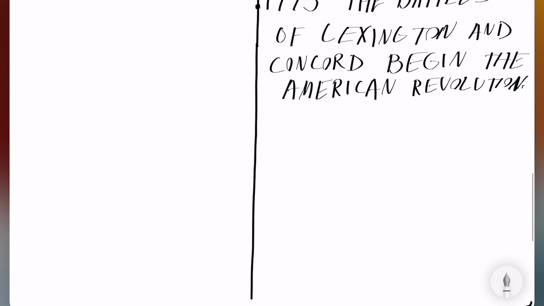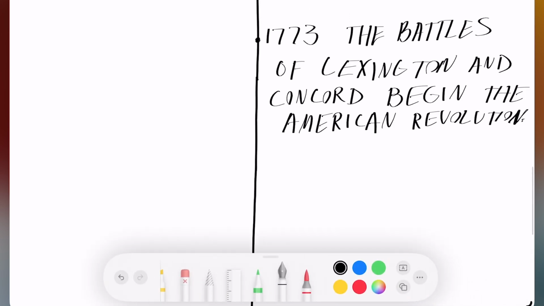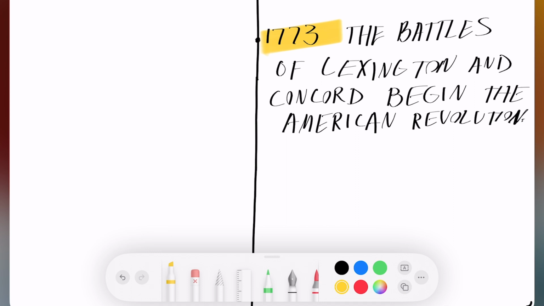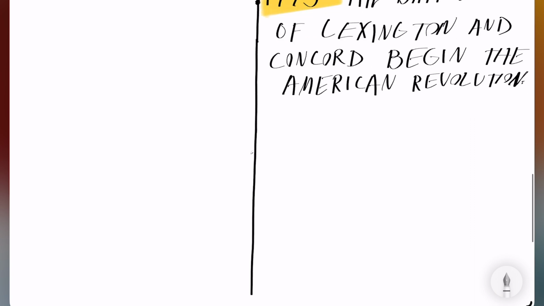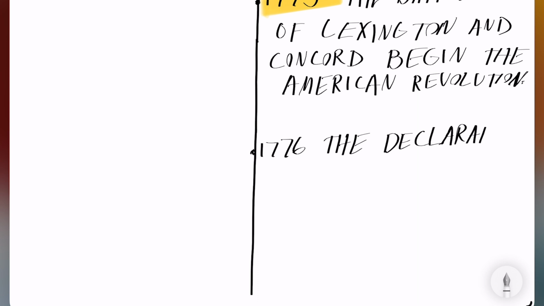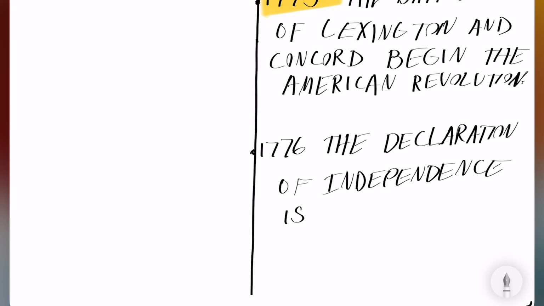Okay, so here we can see that in 1773, the battles of Lexington and Concord begin the American Revolution. And then 3 years later, in 1776, the Declaration of Independence is signed.